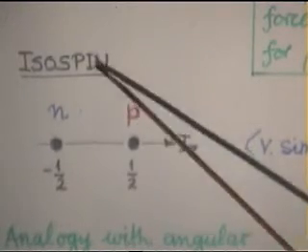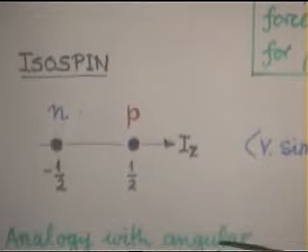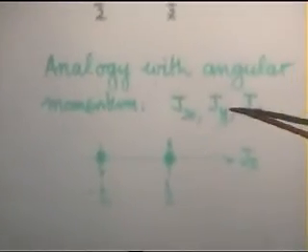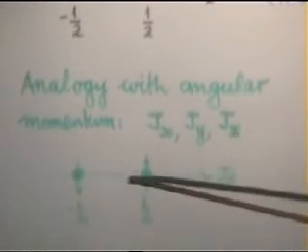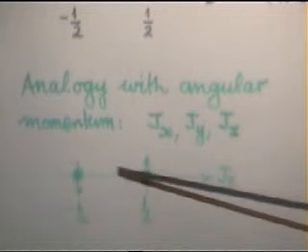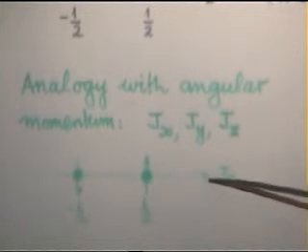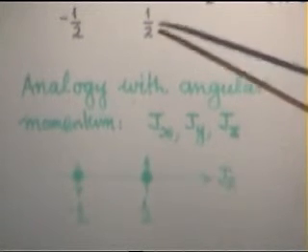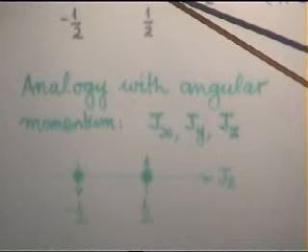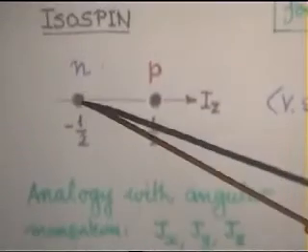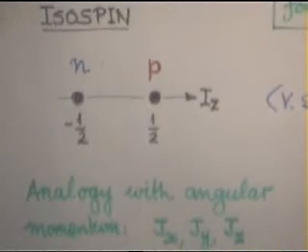And so you had a group theory very similar to the group theory for angular momentum. So this is the angular momentum where you've got a spin up and a spin down, those are the two values of Jz. In this case, you've got an abstract space with isospin up and isospin down. This was a doublet. And isospin was verified in nuclear physics.